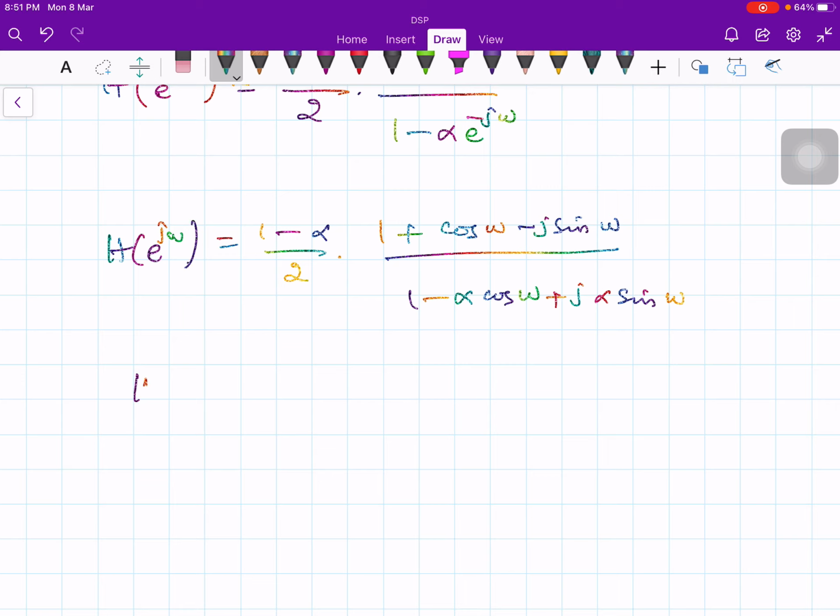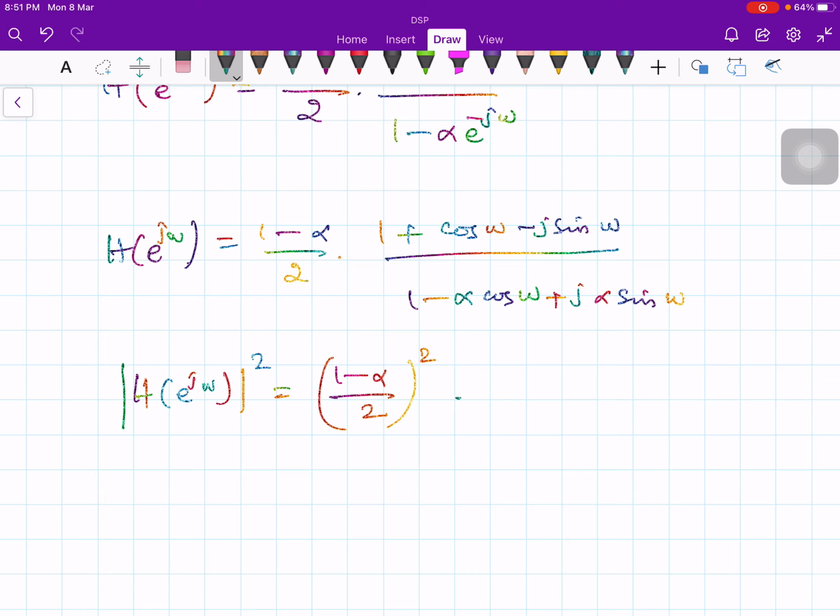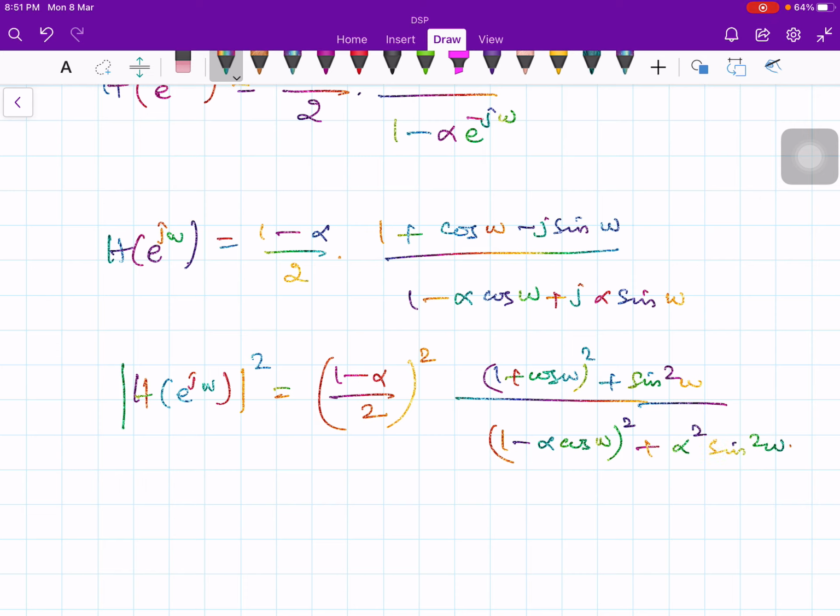Now you take the magnitude of this and square it. You will get ((1 minus alpha) by 2) the whole squared, and in the numerator (1 plus cos omega) whole squared plus sin square omega. The denominator is (1 minus alpha cos omega) whole square plus alpha squared sin square omega.